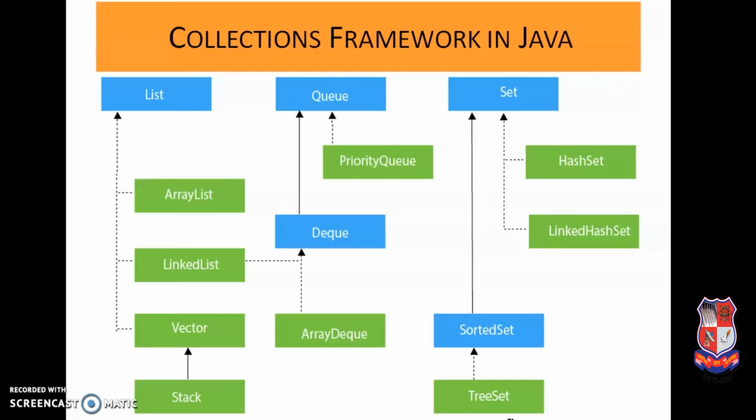List interface is realized by array list, linked list, vector, and stack, while queue interface is realized by priority queue and array deque, and set is realized by hash set and linked hash set. Set is also extended by sorted set. Normally, set will not allow you duplicates, but it is not sorted. If you want to ensure a sorted set, then you need to use the sorted set interface, which is realized by tree set.